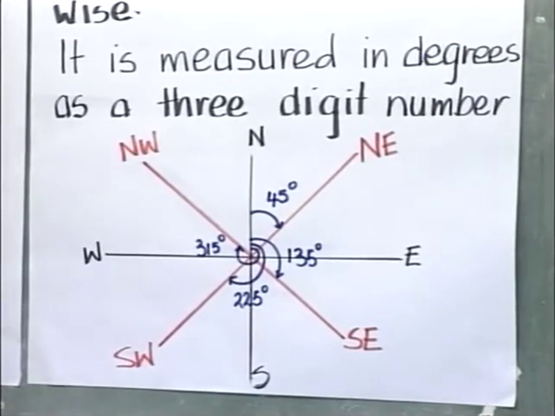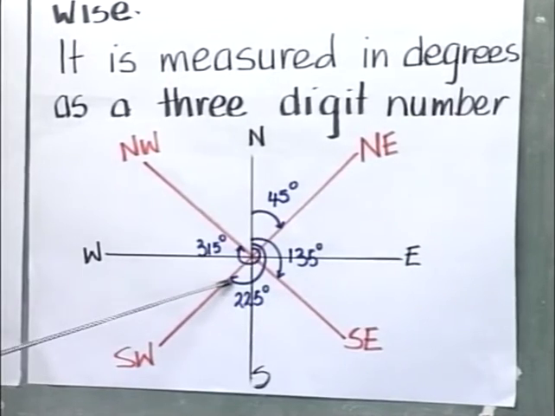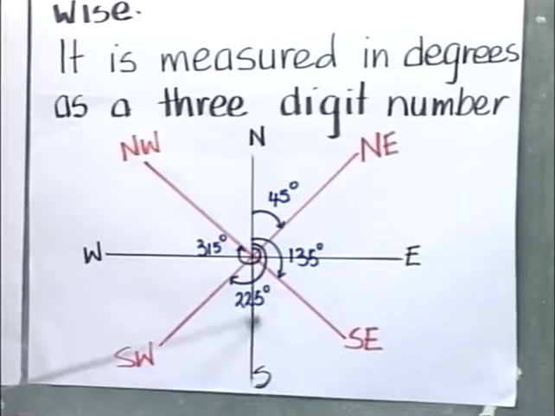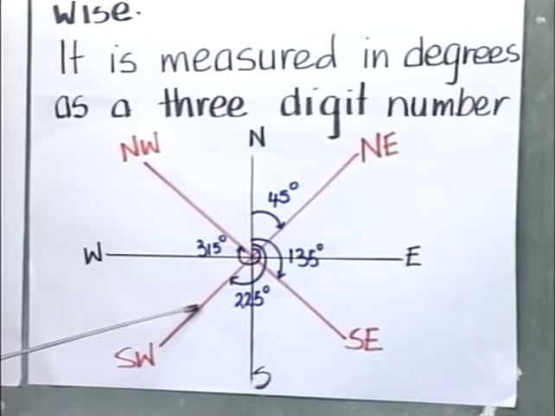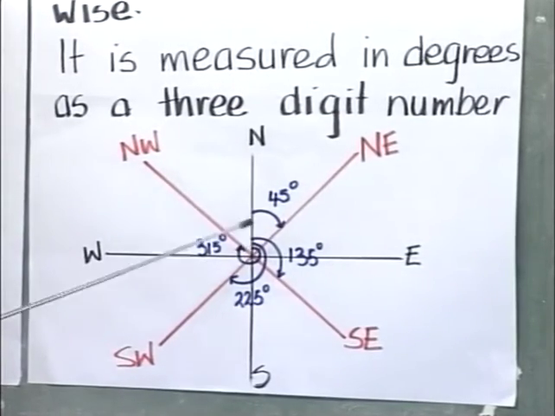But the bearing is always measured from north, so to start from north and go southwest, it will be 180 plus 45 degrees. The bearing is 225 degrees. Clear?